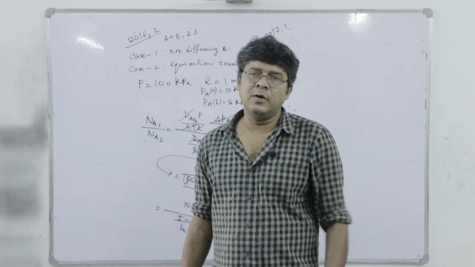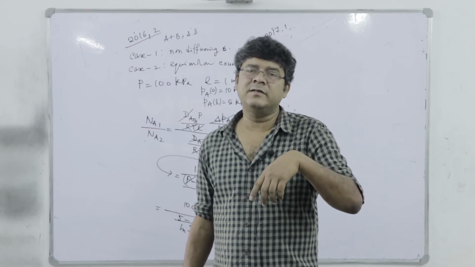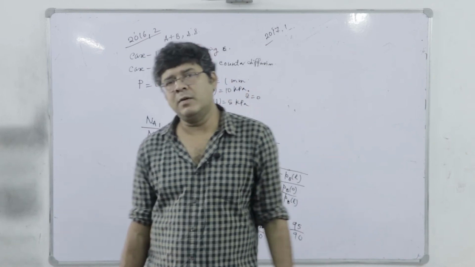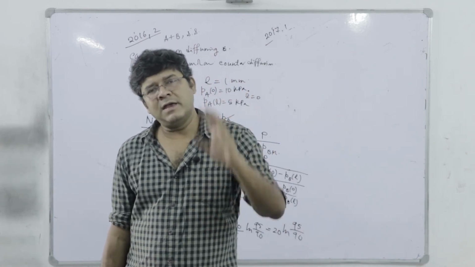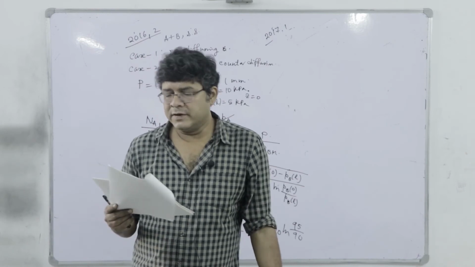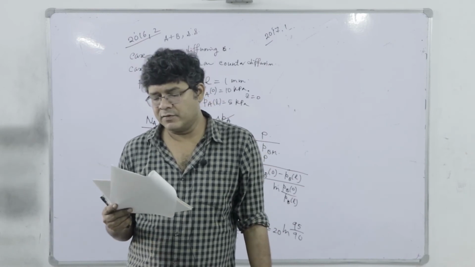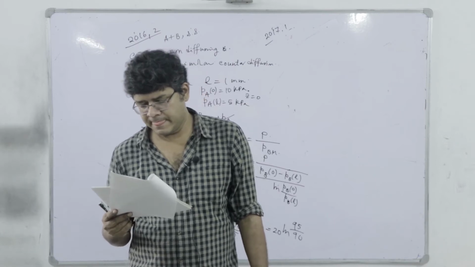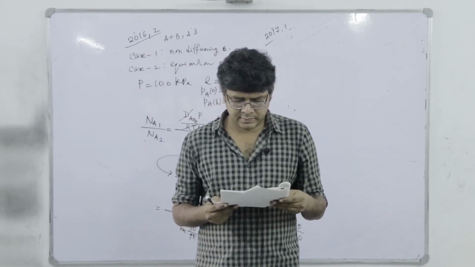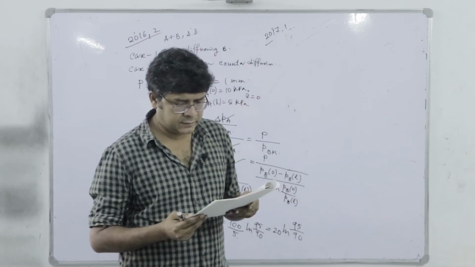And as M is low, M by Kx is negligible compared to 1 by Ky, because Kx and Ky are comparable. So, 1 by Ky is nearly equal to 1 by Ky. So, it is the gas phase resistance which is controlling, right.